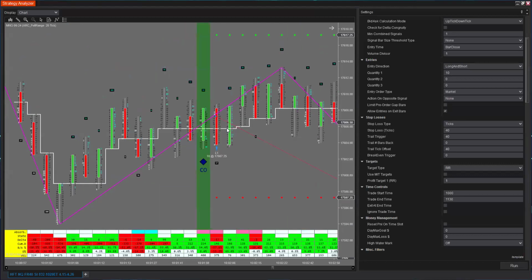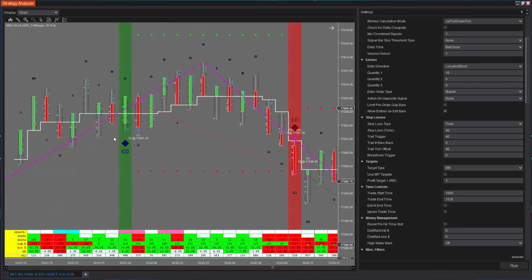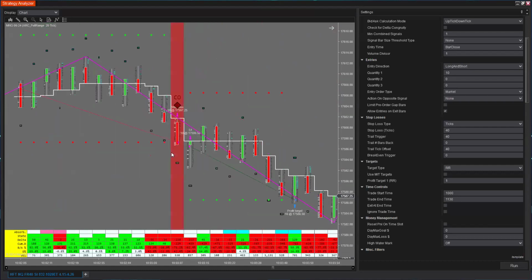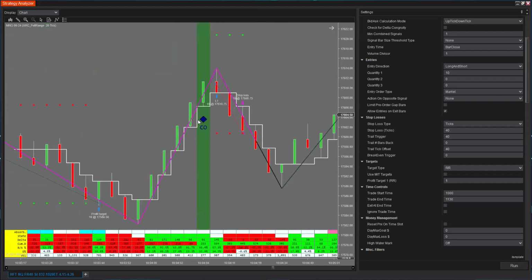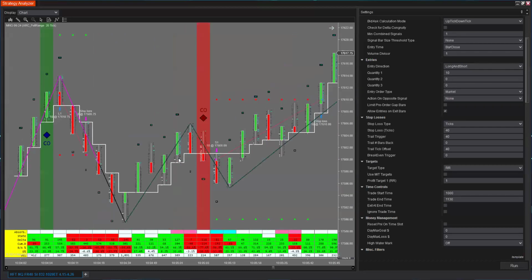This one was kind of late to the party, but it was pretty choppy in here for a while, which is why it didn't convert quicker. And then this one again, a little bit late. I think we could probably go a little bit earlier on these. This one's definitely late. This one, yeah. Maybe it would have been better to get it here.